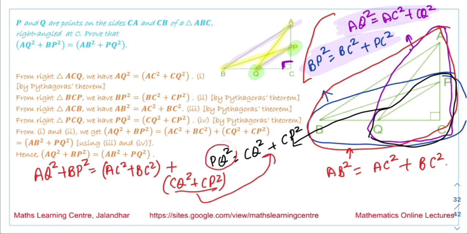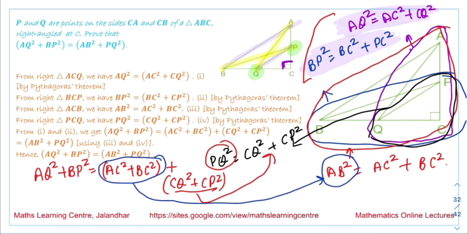This value we are saying is equal to PQ square, and AC square plus BC square is equal to AB square. So combining all these results we get the required result, that AQ square plus BP square is equal to AB square plus PQ square. We have substituted these values over here, and PQ square in place of CQ square plus CP square, and we obtain this final answer.